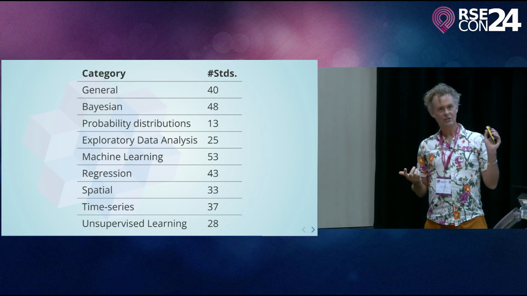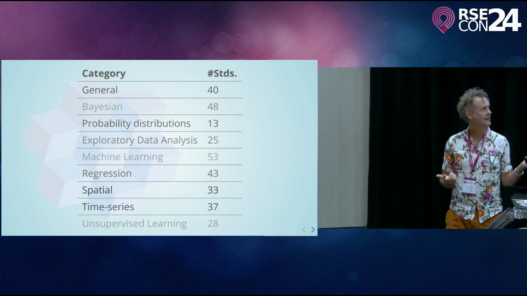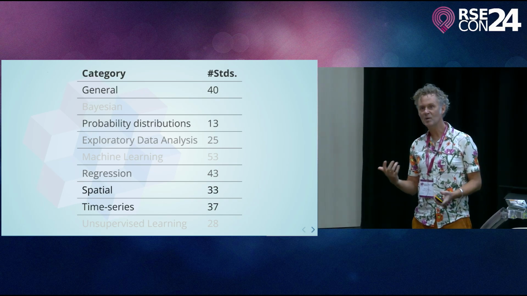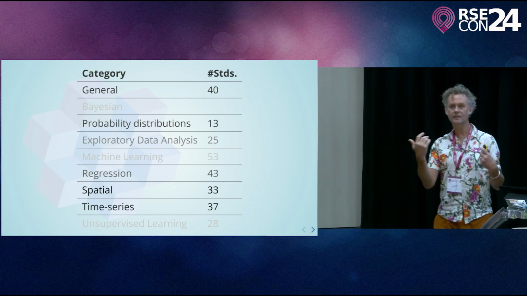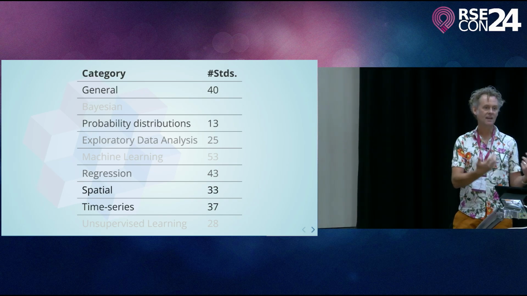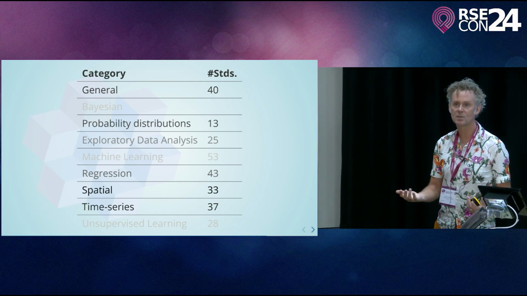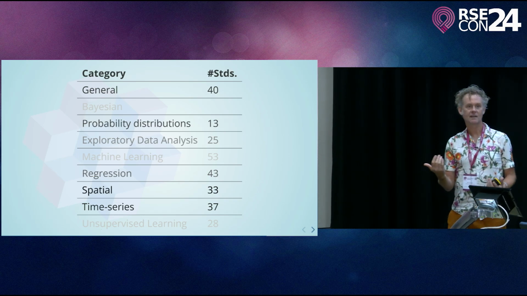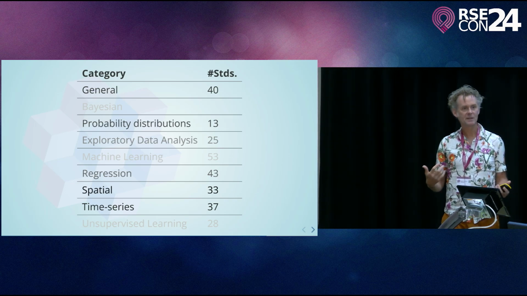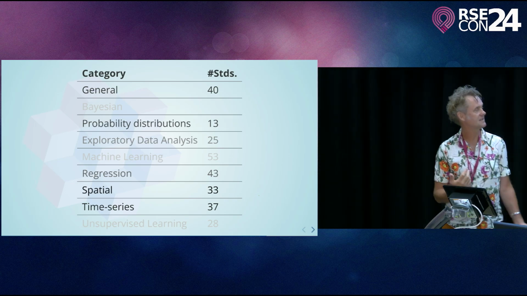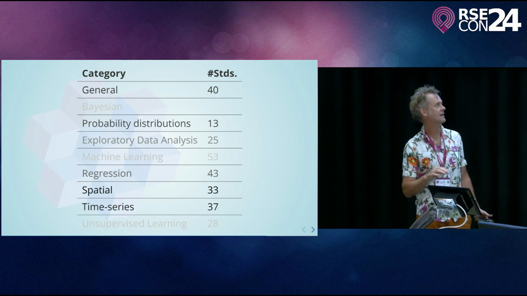The next slide is going to show subjectively the standards now weighted vaguely by how comfortable I feel placing myself as an expert in these categories. So full disclosure, I'd probably wager that I could walk into somewhere and say I'm a reasonable expert on spatial statistical software. I'd be okay doing that.